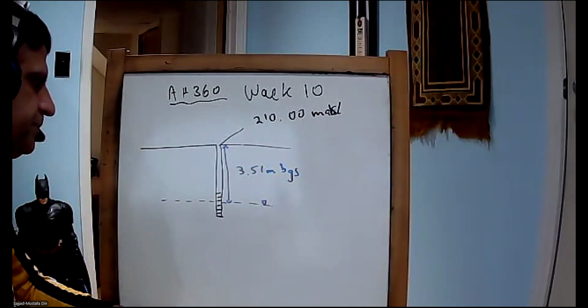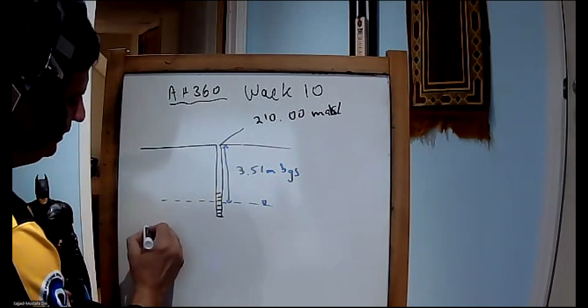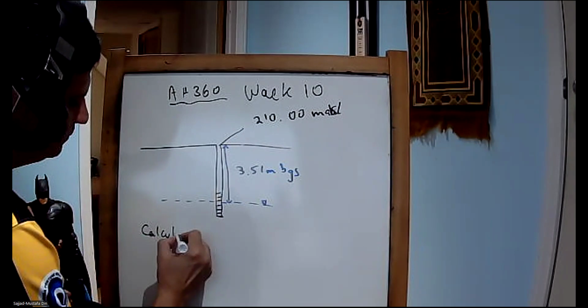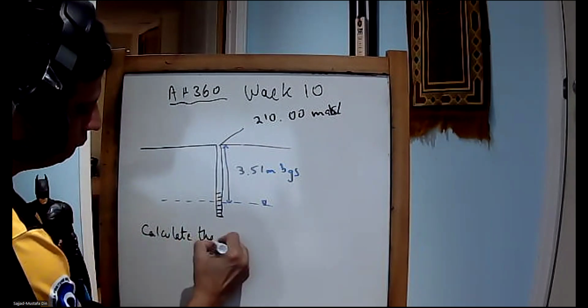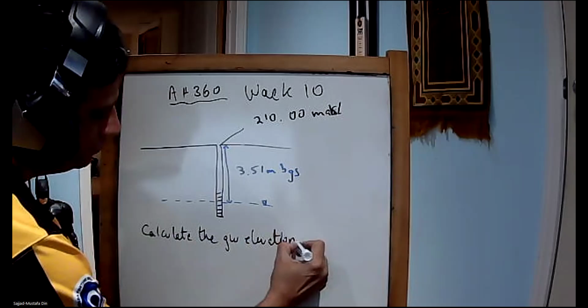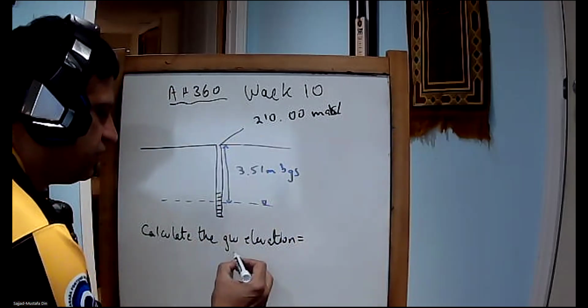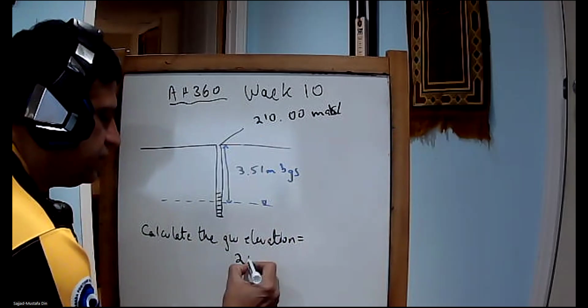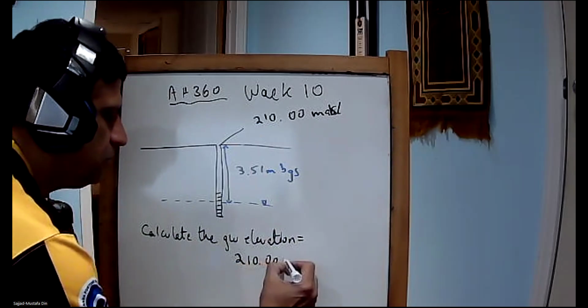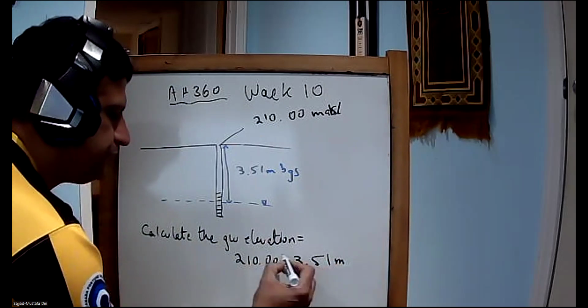So then what you do is you use this information to calculate the groundwater elevation. What does that calculate as? It'll be the ground surface elevation, 210.00 minus 3.51 meters.